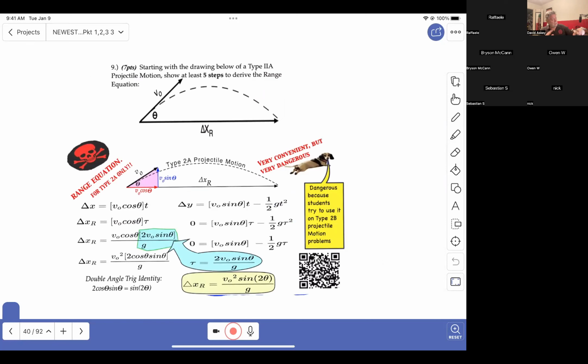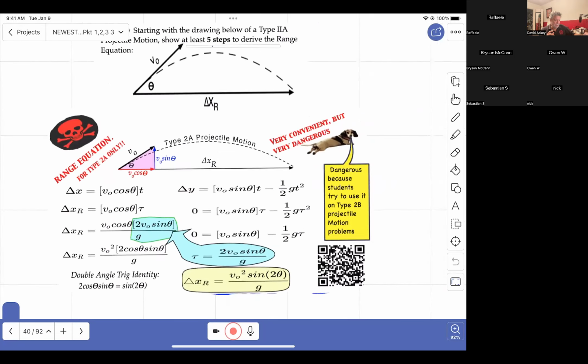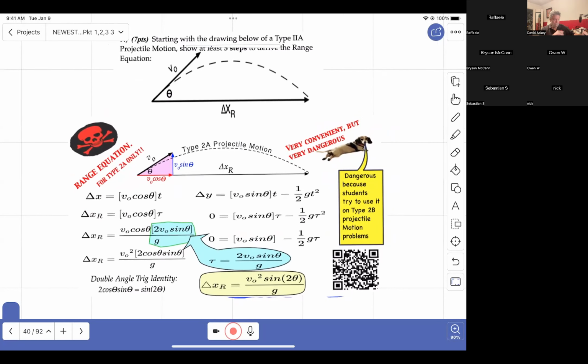Remember I told you there won't be any more derivations on tests, but there's one on there now, though I may run out of room. What could happen is that I ask you a question about the derivation, like how did we get rid of time in the range equation derivation?